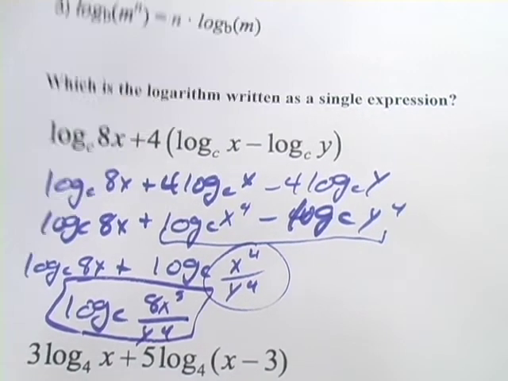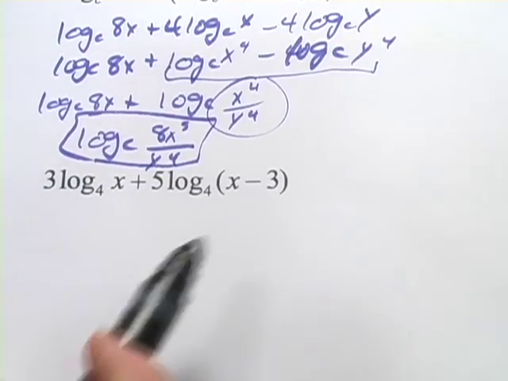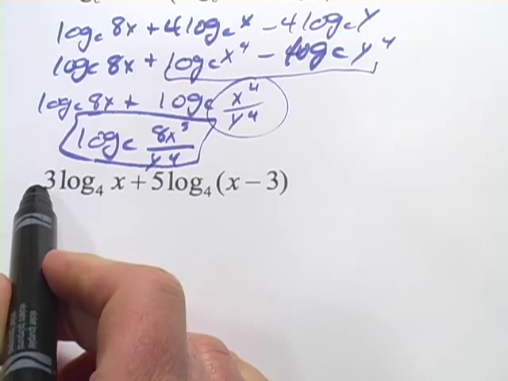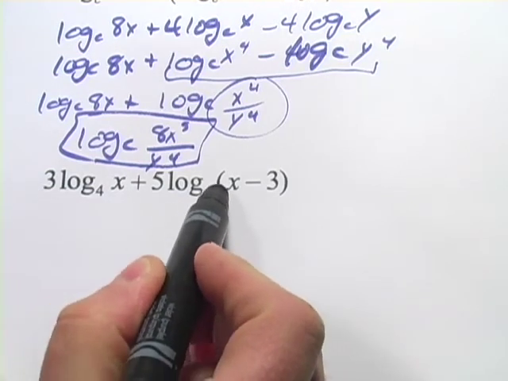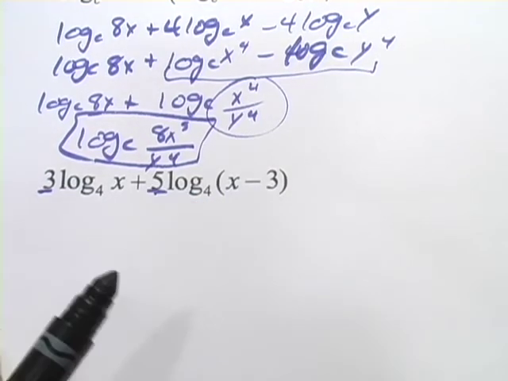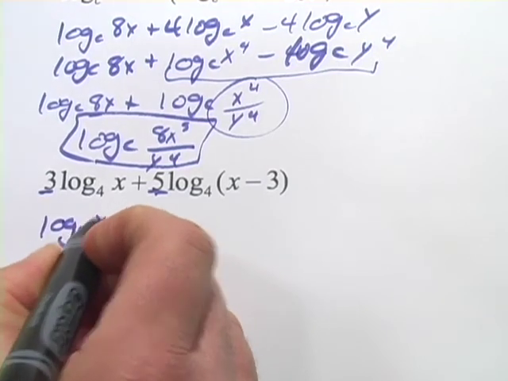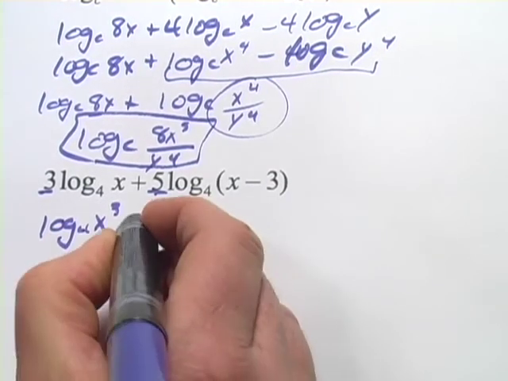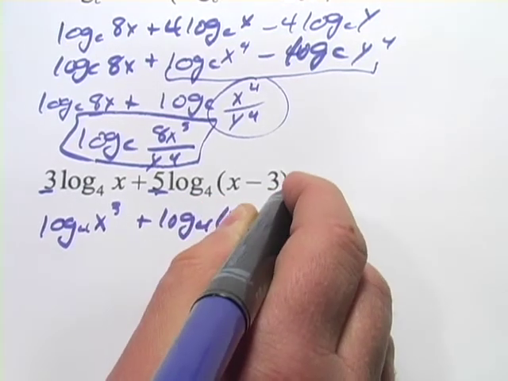All right, let's try another one. We're going to do the same thing here, try to write this as a single expression. We've got 3 times the log base 4 of x plus 5 times the log base 4 of x minus 3. So I'm going to take these and turn them into exponents first. That would become log base 4 of x to the 3rd and log base 4 of x minus 3 to the 5th.